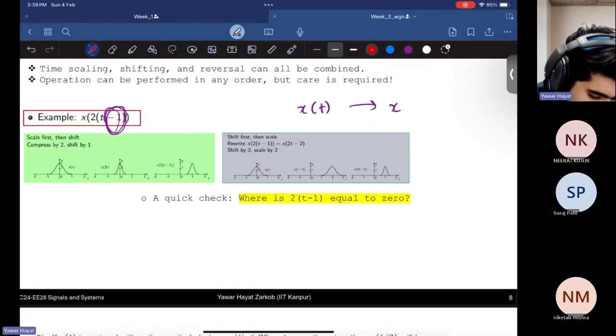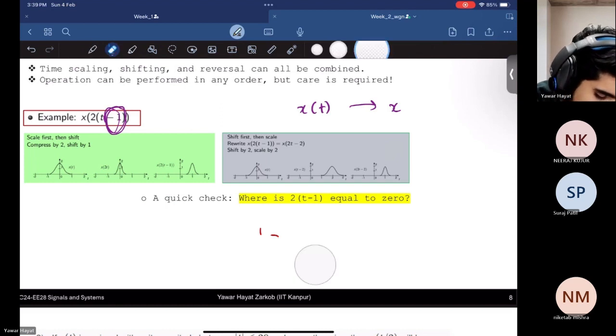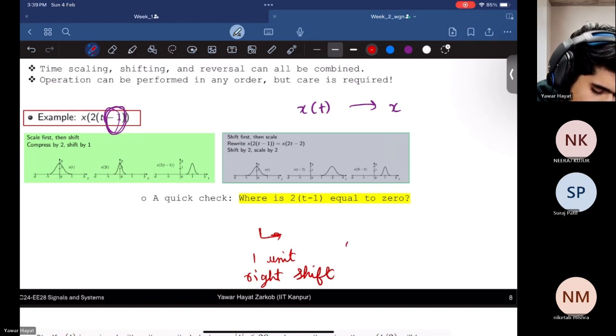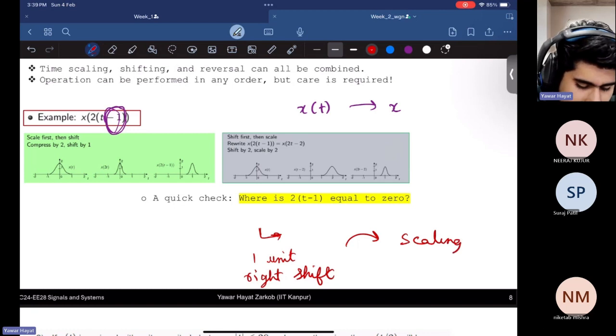The wrong way of doing this would be to shift it by 1 unit, followed by the scaling operation, scaling by 2.